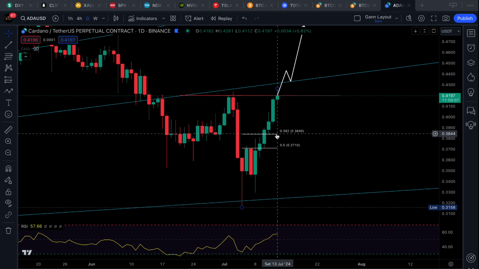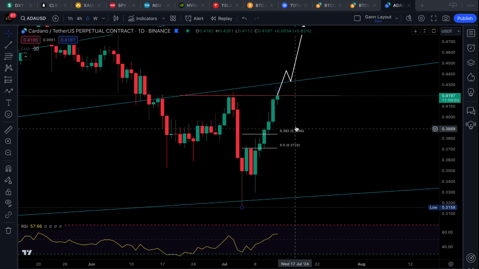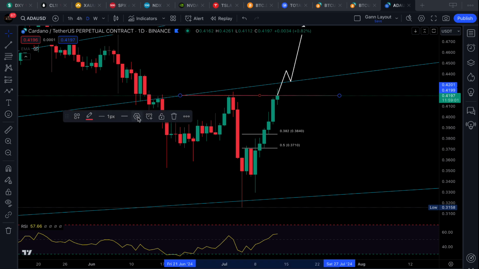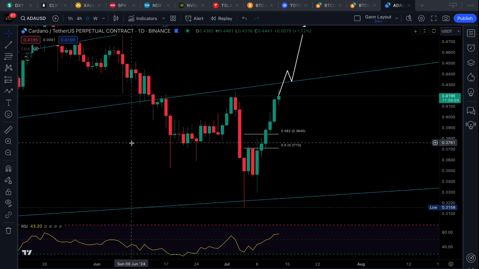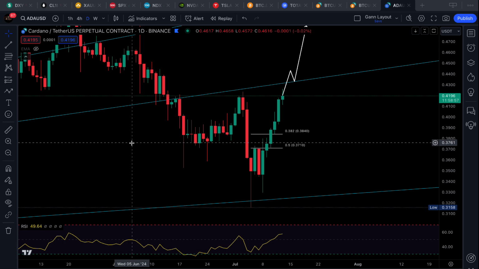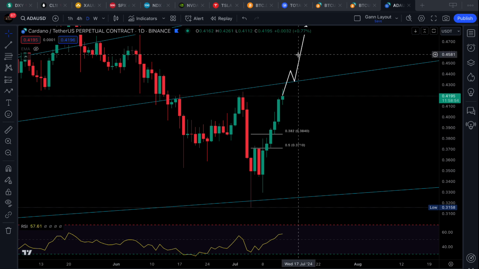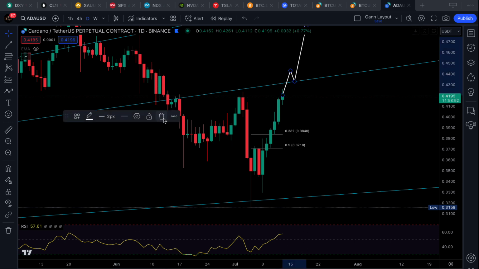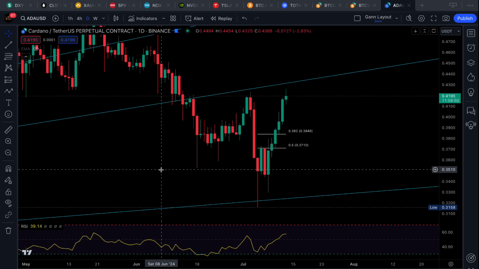If it does that, then yes, ADA is bullish. And maybe finally we will see ADA performing according to expectations. Not that anyone has expectations from ADA, but I'm an optimistic guy.